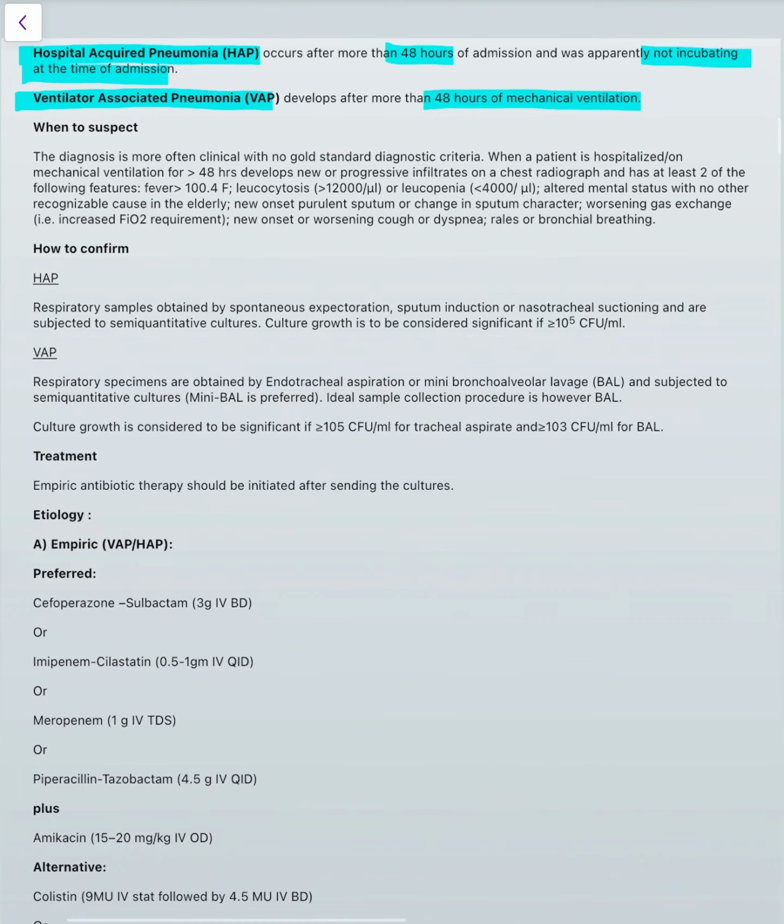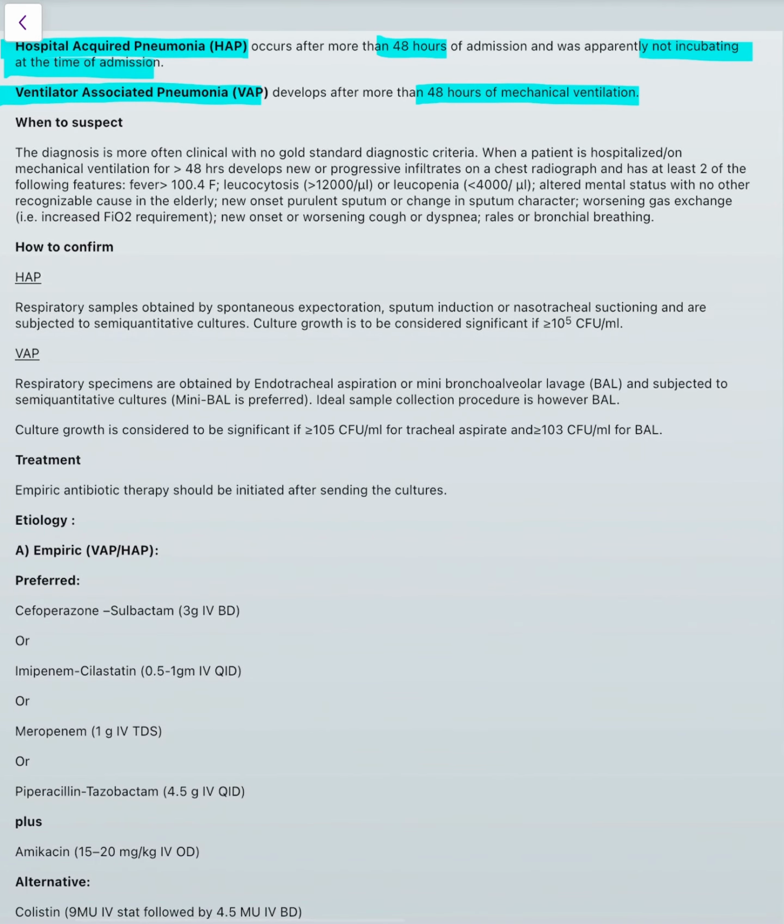So when do you suspect HAP or VAP? It is more of a clinical diagnosis, with no gold standard diagnostic criteria as such. One thing is that the patient is admitted for more than 48 hours and develops new or progressive infiltrates on chest x-ray.